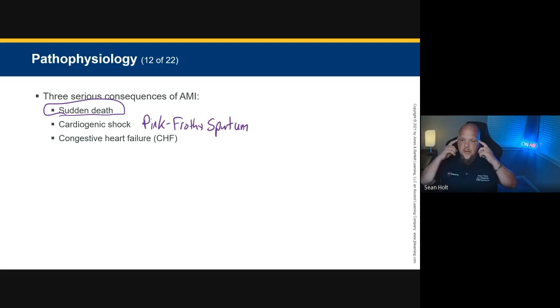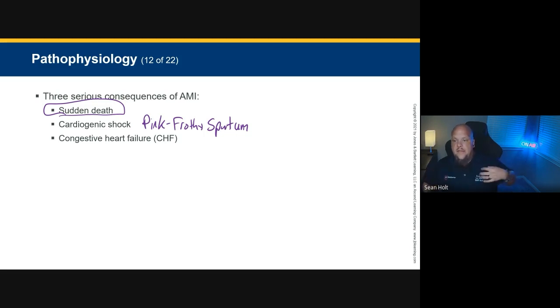Now think about this. Where is it going to back up if it's stopping at the left side of the heart? It's going to be the lungs. Okay. The blood stops before it gets to the left side of the heart to be pumped out to the body, after it's made it through the right side of the heart. That stop is the lungs, right?